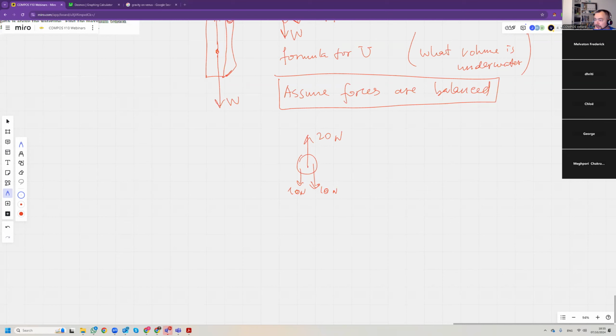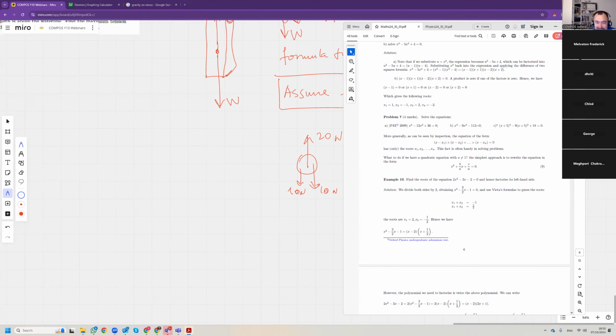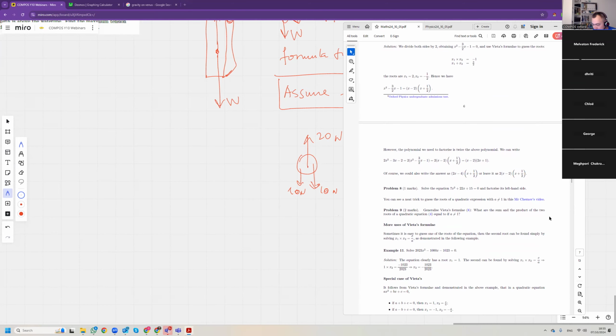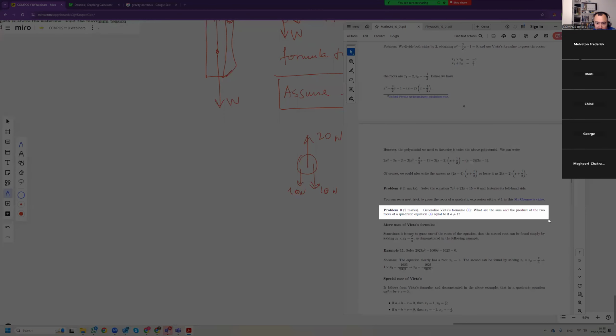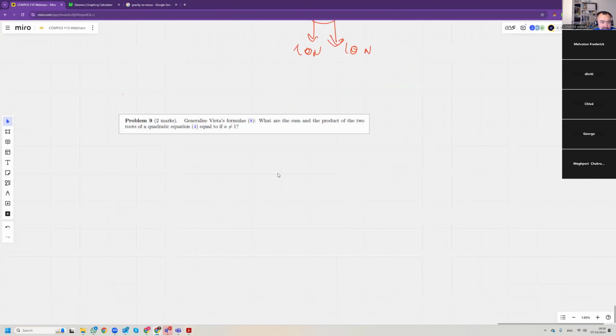Can you explain problem 9 in maths? Have I not done it? Problem 9. So look, what we have is the Vieta formulae: x1 times x2 is C, and x1 plus x2 is minus B. But this is only if A equals 1.